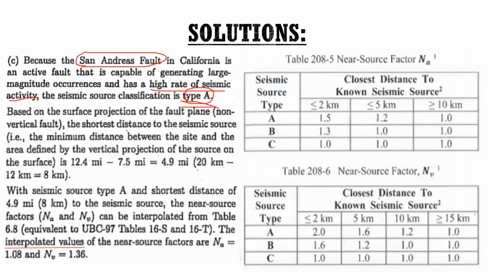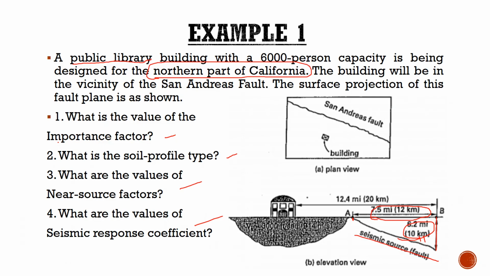Okay, so where does this come from, guys? 20 minus 12. In the figure, if this is the structure, the 20 km is to B, but for near source, the closest distance should be this. So it should be 20 minus the 12.